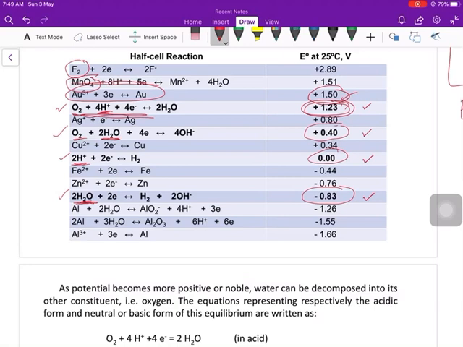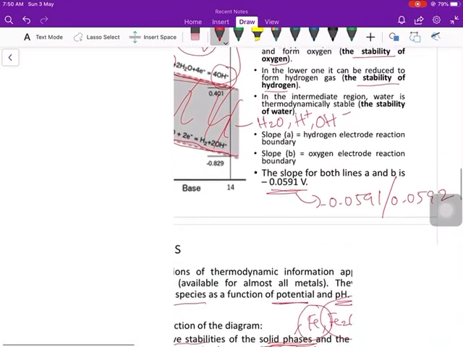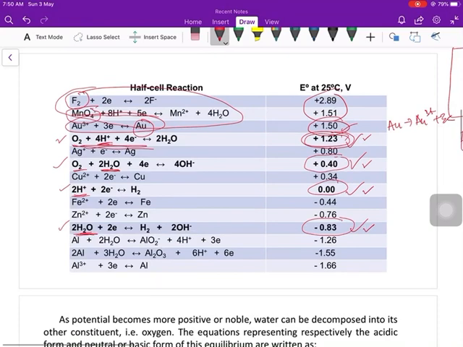But in the presence of permanganate, fluorine, ozone, or hydrogen peroxide, which are strong oxidizing agents, gold Au is possible to oxidize, because all these values are higher than gold. So in normal water like this, gold will not corrode.